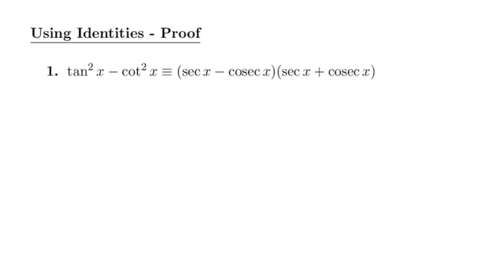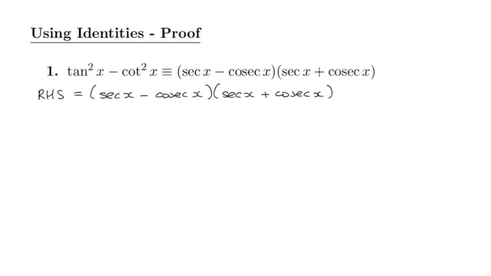So I'm going to start with the right hand side, and the usual way we do this is we write the right hand side equals sec x minus cosec x multiplied by sec x plus cosec x.